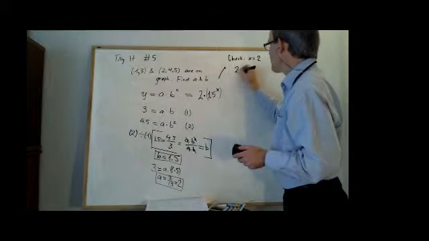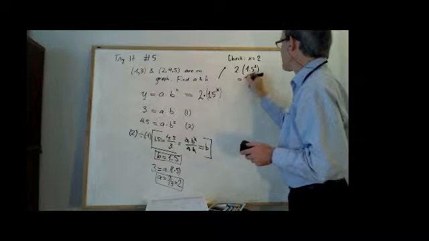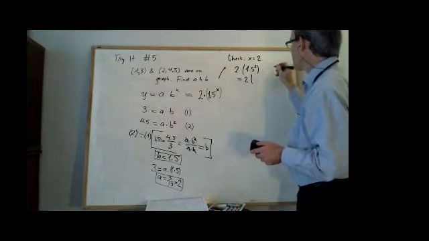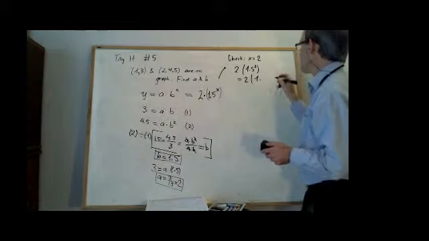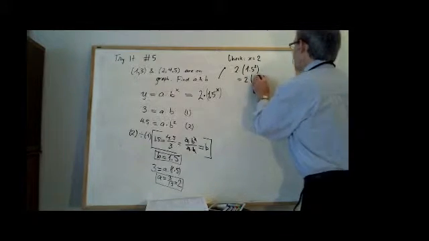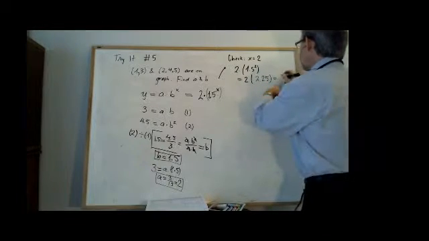Then I get 2 times 1.5 squared. You can check that 1.5 squared is equal to 2.25. And I double that and I get 4.5, so that's fine.